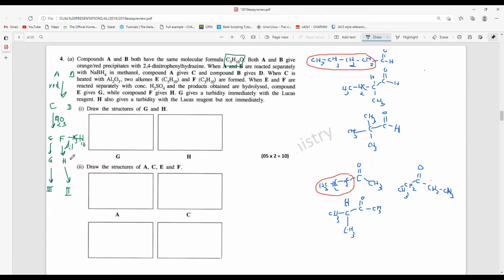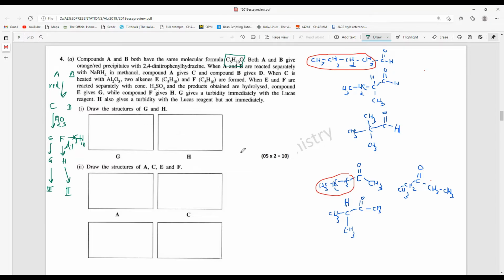So C5H12O. So what is basically going to happen is it will form 2 alcohols. One is a tertiary alcohol and the other one is a secondary alcohol. Based on the number of carbons, you can try to draw the tertiary alcohol and a secondary alcohol here. That is what they are asking, draw the structures of G and H.